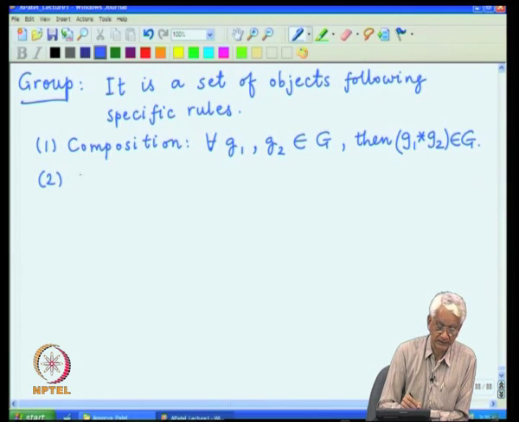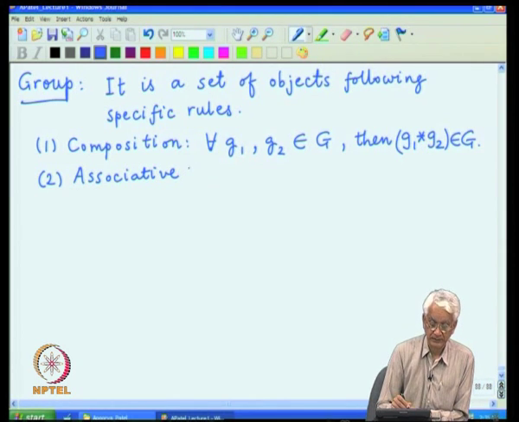There is a second property of this composition rule, which is that the composition is associative.